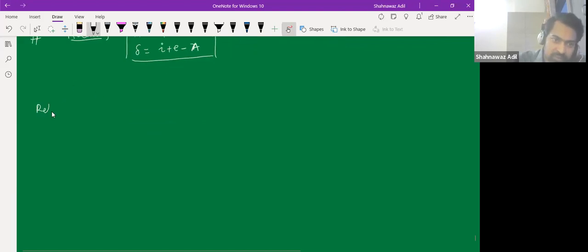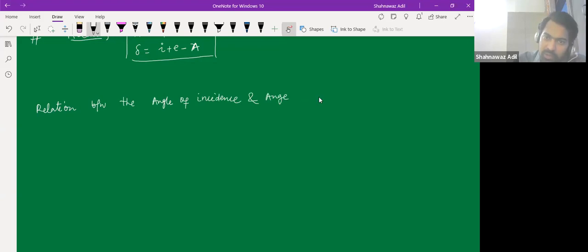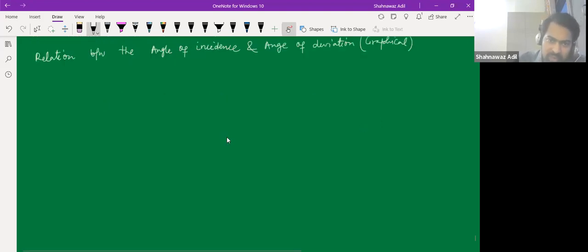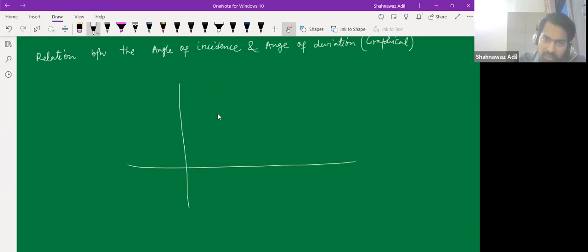The relation between the angle of incidence and angle of deviation, and this is a graphical representation. It behaves like a parabola. So this goes like this, right?